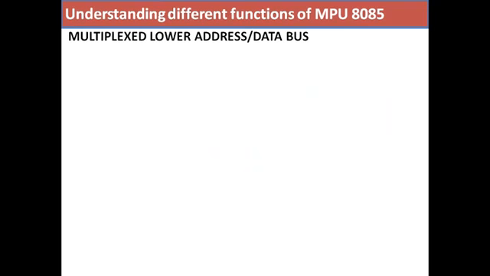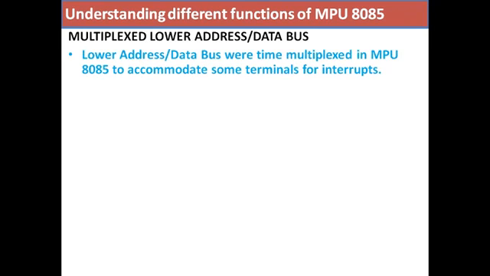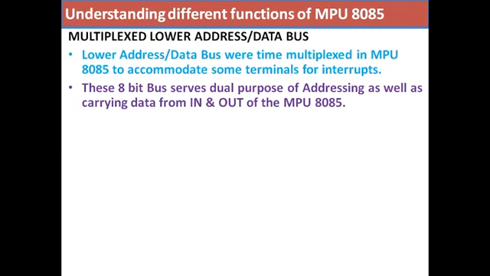Now let's see the multiplexed lower order address bus. This was first introduced in 8085 to accommodate some terminals which are now known as interrupts. 8080 and 8085 are similar, but 8085 is an advancement over 8080.